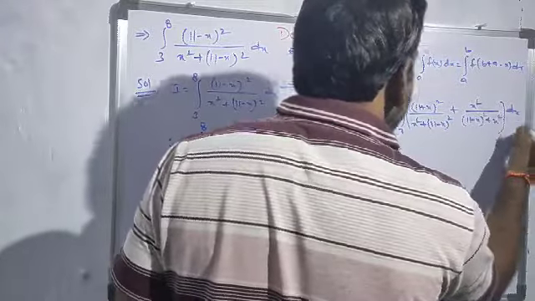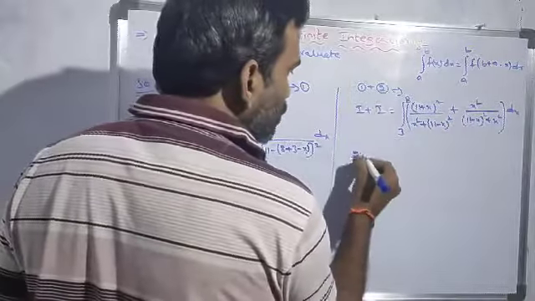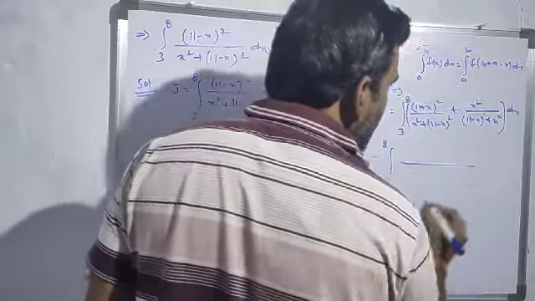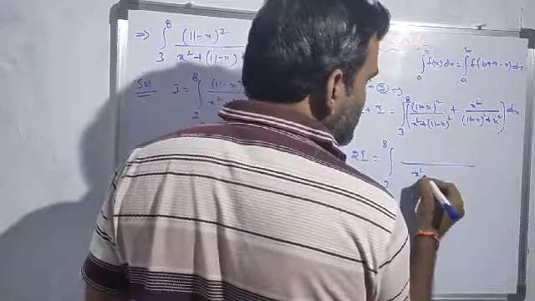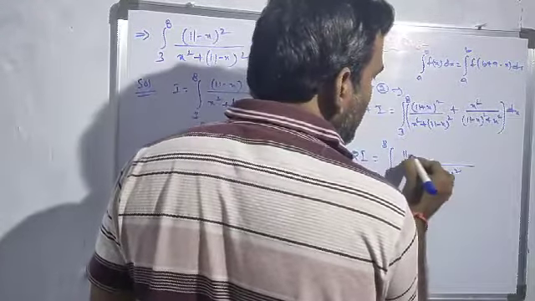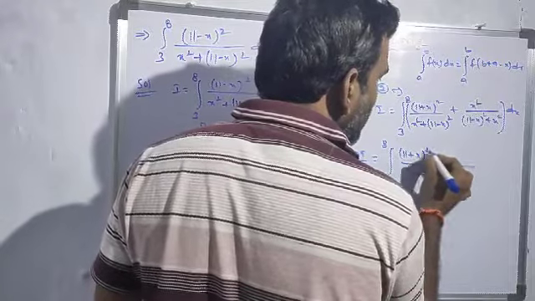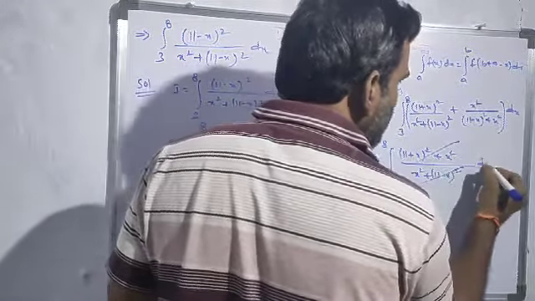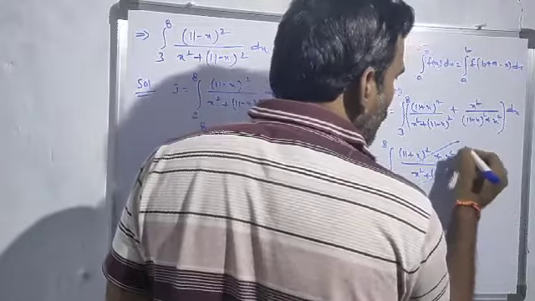Both have the same integrals, so 2I equals, in the denominator both have the same, x square plus (11 minus x) whole square, this is the LCM. Both terms get cancelled, giving 1.